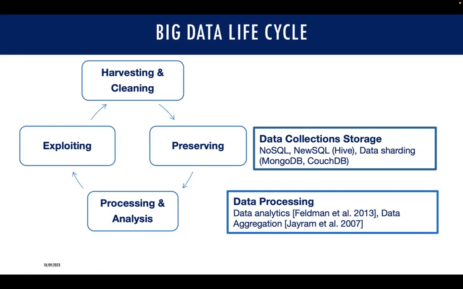Of course, the life cycle starts with harvesting. How do we harvest the data? And there, this touches the kind of hardware technology, which means sensors, which means applications with software sensors that report about the way they work, explicit production of data, like the one we do, for example, when we use social networks.